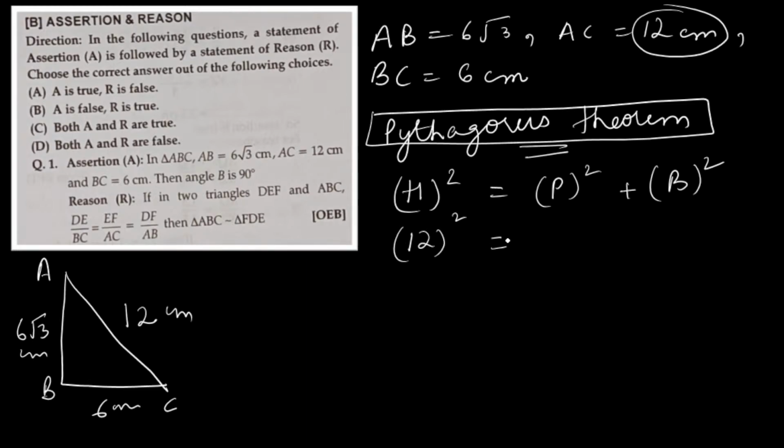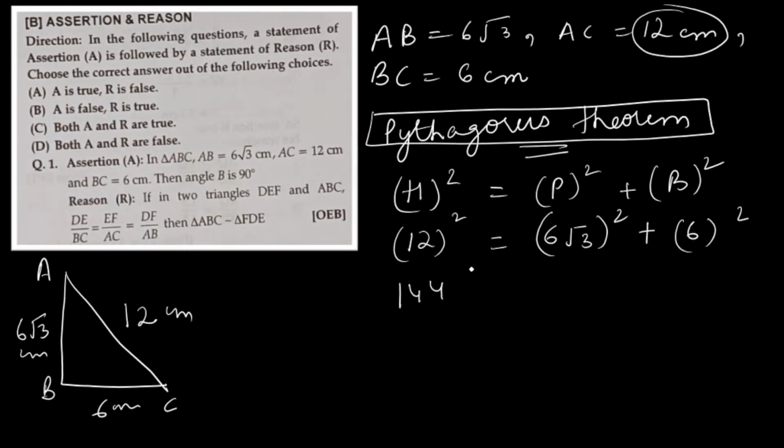12 square is equal to the sum of the squares of the other two sides, AB and BC. So (6 root 3) whole square plus 6 whole square. 12 square is 144. Individually we have to solve both sides.